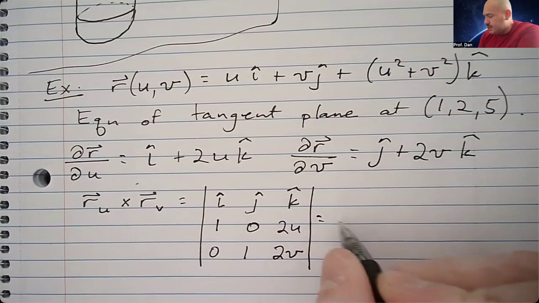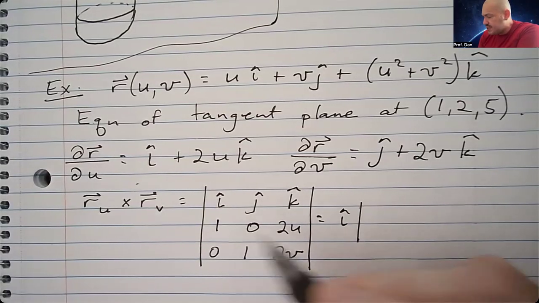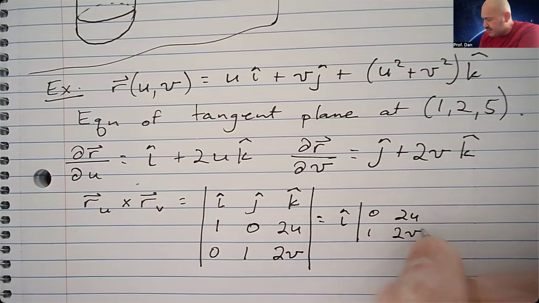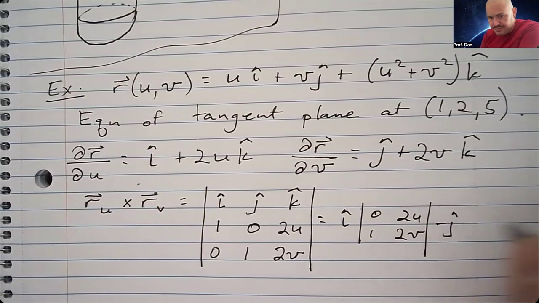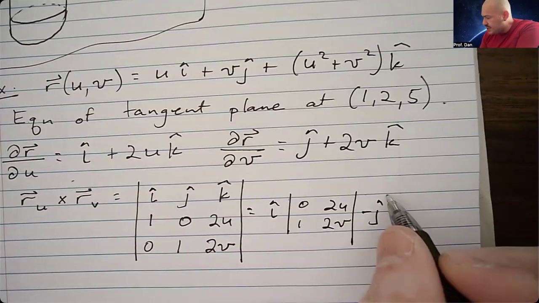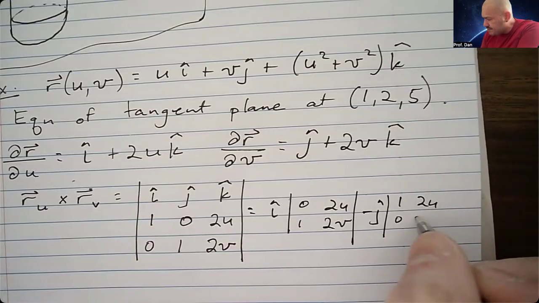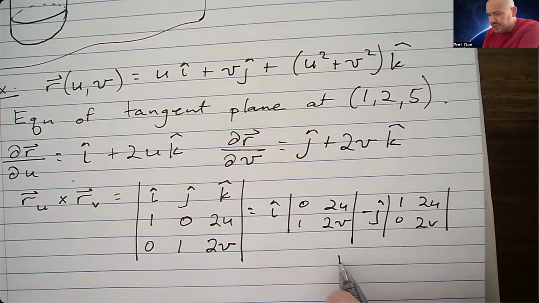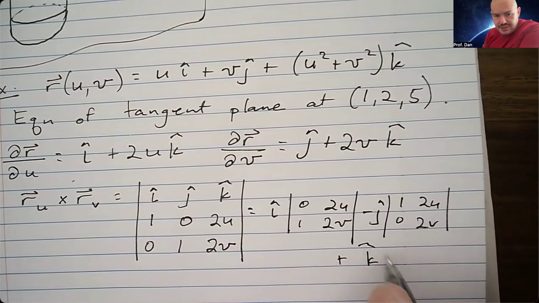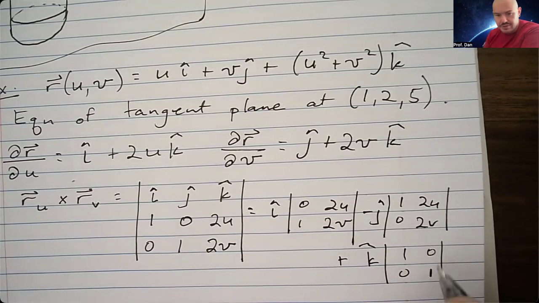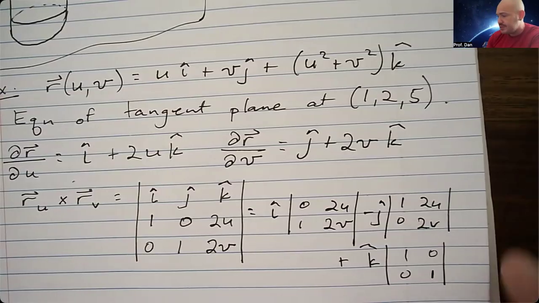Now, when I take my determinant, we have i times the determinant of 0, 1, 2u, 2v, minus j times the determinant of 1, 0, 2u, 2v, plus k times the determinant of 1, 0, 0, 1, also known as a 2x2 identity matrix.